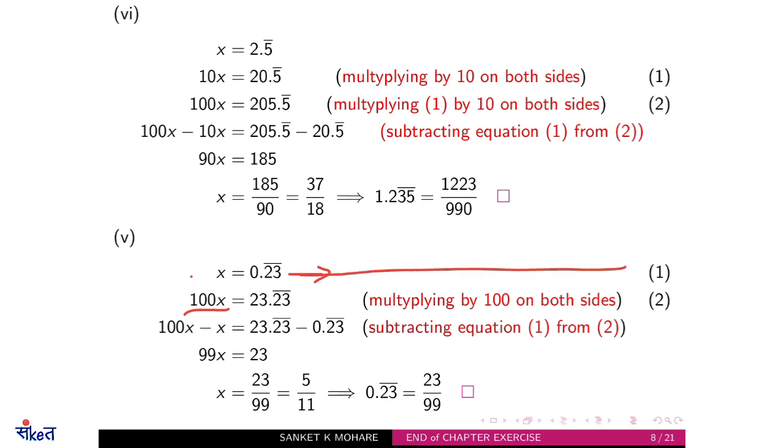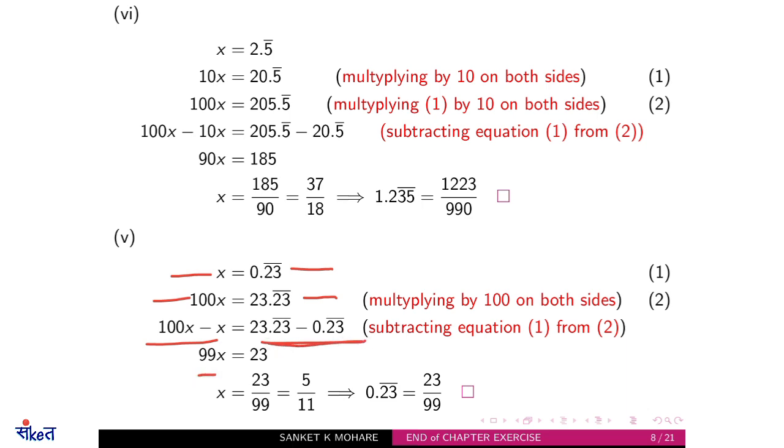Now this is our equation 1 and this is our equation 2. Subtracting equation 1 from 2, 100x minus x is equal to 23.23 bar minus 0.23 bar, which gives 99x equals 23. So x is equal to 23 by 99. Hence 0.23 bar is equal to 23 by 99.